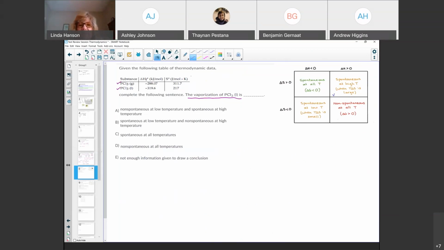So first of all, I put this problem directly after the last one on purpose because it allows me to see yet another question that makes me realize they're talking about a phase change. When PCl3 liquid turns into PCl3 gas, that's a phase change. That's called vaporization of PCl3.